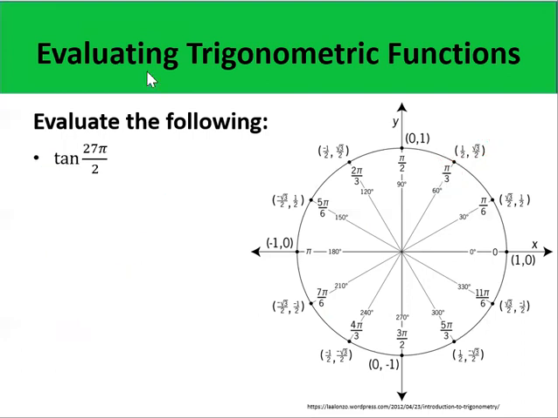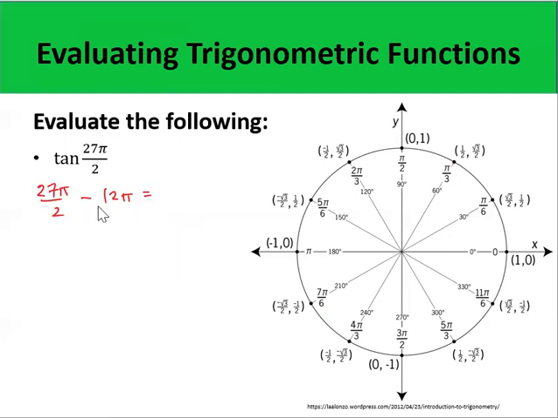And then finally, let's have tangent of 27 pi over 2. So 27 over 2 is 13.5 pi. So that's also outside of the interval from 0 to 2 pi. So we are going to subtract 12 pi, since it must be a multiple of 2 pi.